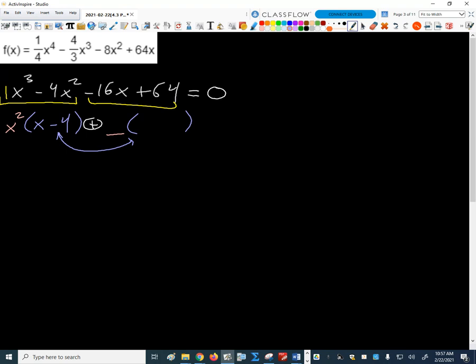So if my remaining binomial in the first group is an x minus 4, I'm going to force that onto the second group, and then I'll just see, is there something I could factor out of the second group to get a common binomial factor? And there is. I could factor out a -16, and that would work, okay? So then I'm going to factor out my common binomial.